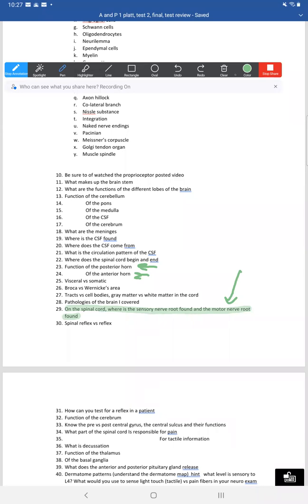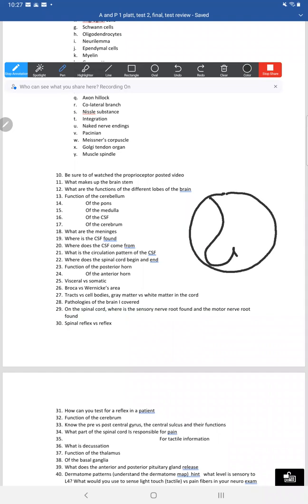So, cross section of the cord. Posterior aspect, anterior aspect, right?